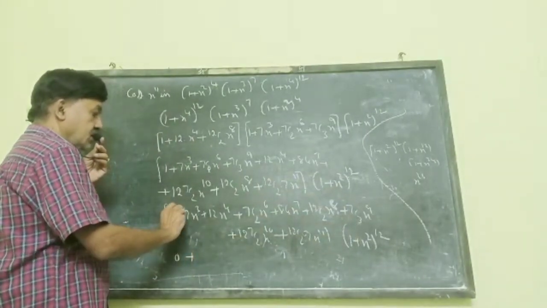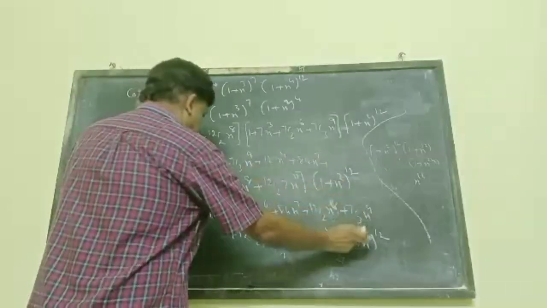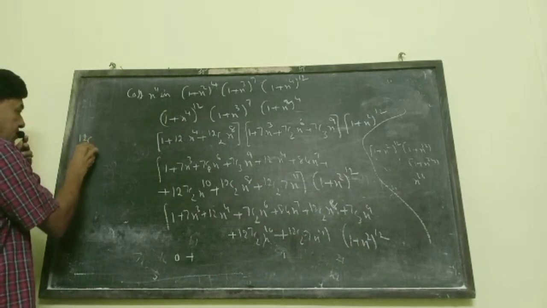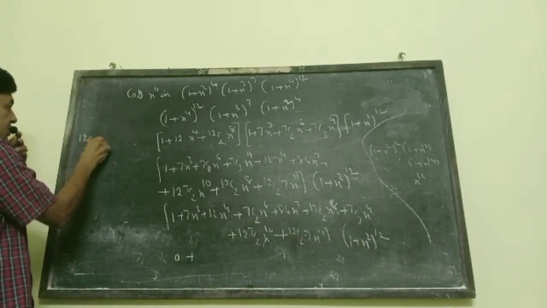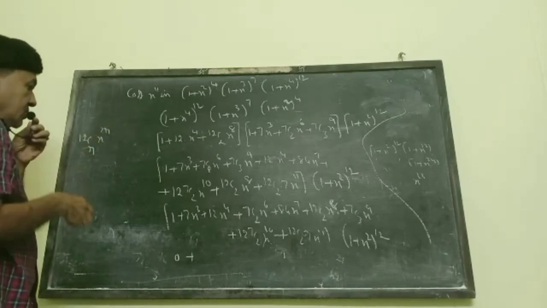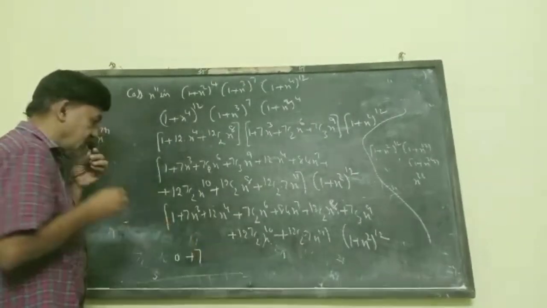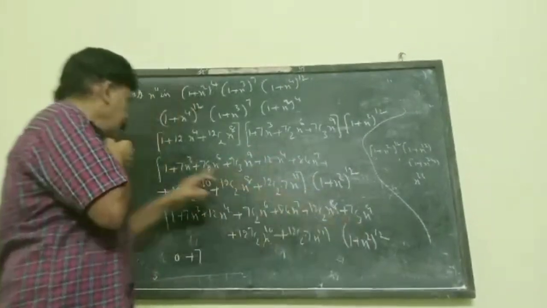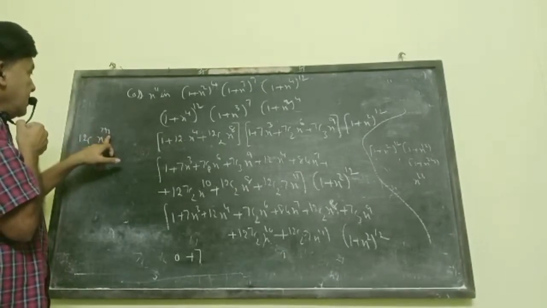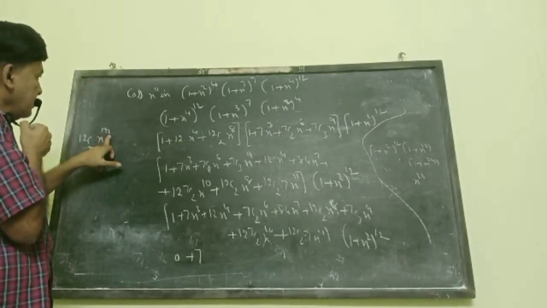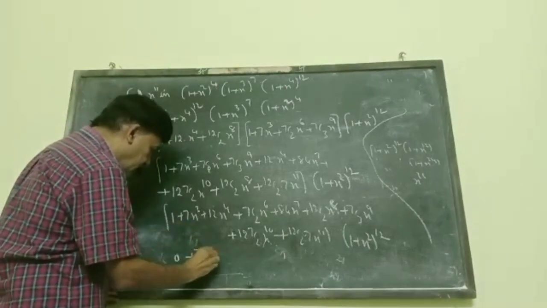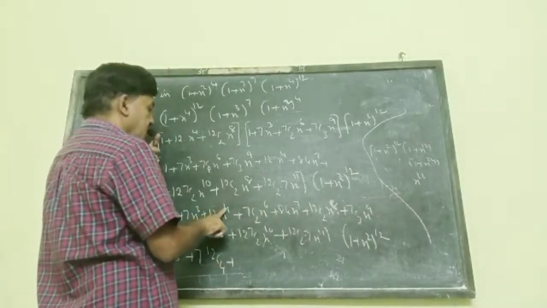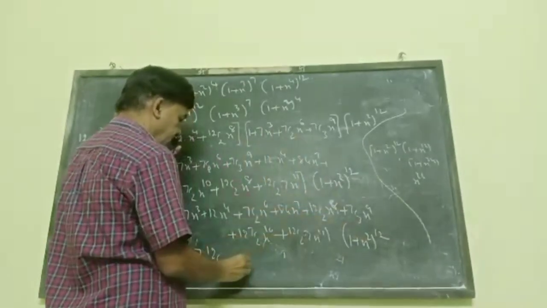Plus x³ into x⁸. See, you write the general term in that. General term is 12Cr x^(2r). So 7 into, right, x³ into x⁸ means 2r is equal to 8. 2r is equal to 8 means r value is what? 4. So, 7 into 12C4. Next, x⁴ into x⁷, impossible.